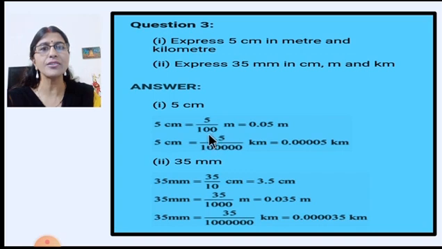There are 2 zeros, so 2 places. You can see 1 place, 5 is there, the other place nothing is there, so we will write 0 there. Then before 0 we have to write the point. And before the point, if you want, you can add 1 zero. So the answer is 0.05 meter. You can see the unit has changed.